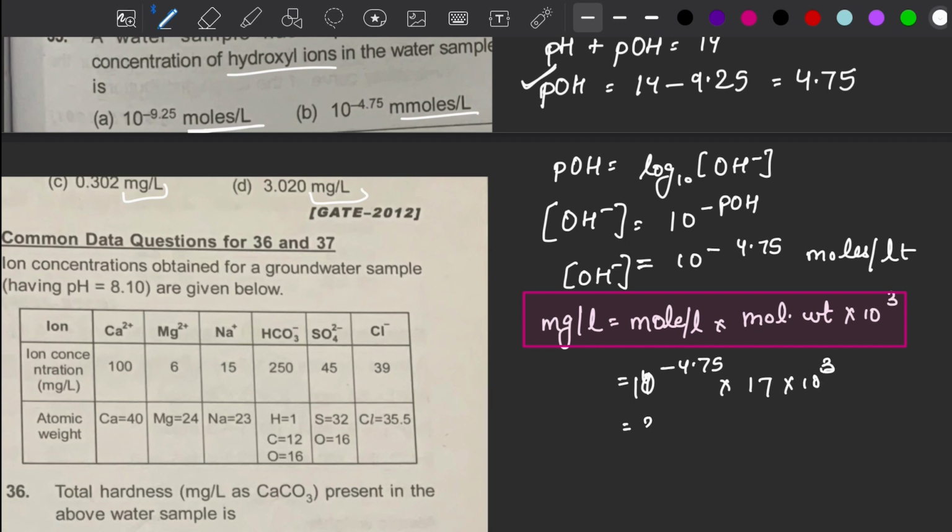It becomes 0.3028 milligram per liter. So the option is option number C. This is the answer.